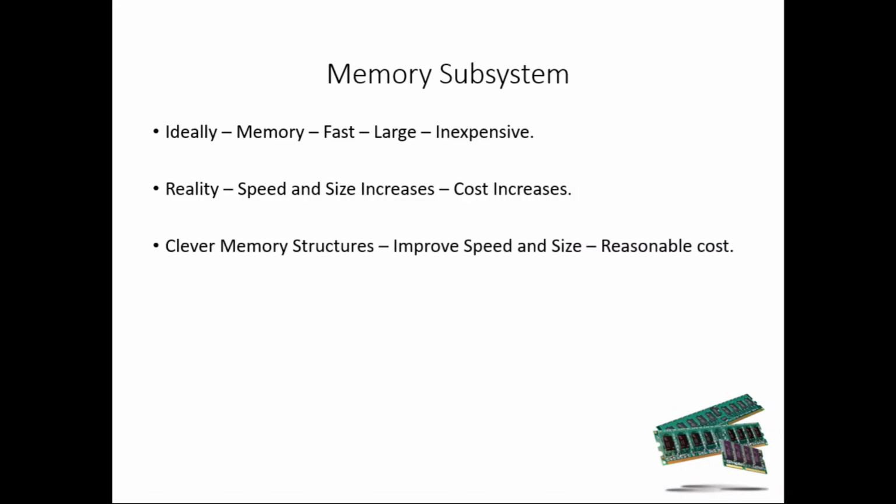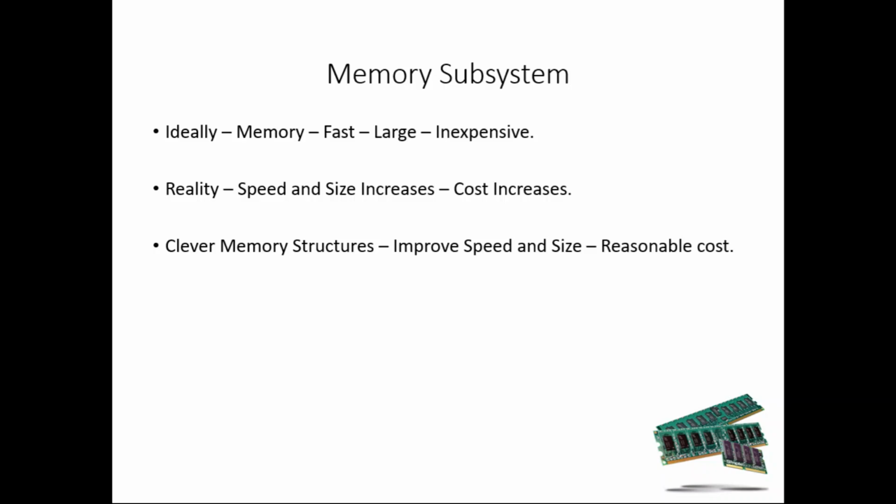So overall, what we are going to learn in this topic, the memory subsystem, is how to create clever memory structures. That is the job of engineers and scientists: to design clever memory structures to improve the speed and size at a reasonable cost. Generally, if you want to increase the speed and the size, then the cost will also increase proportionally.